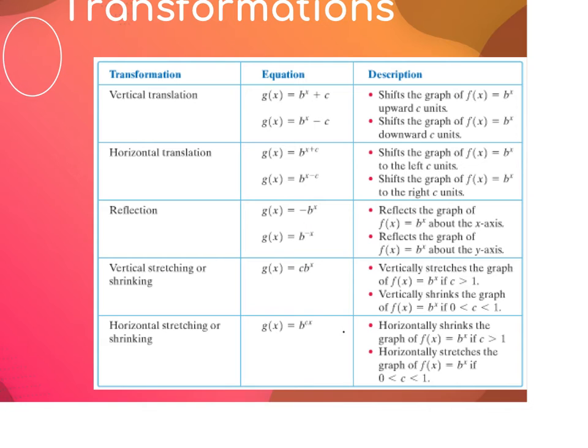So when there is a number added or subtracted to the base, this is going to be our vertical translation. This is going to go up and down. So when you're adding a number, it's up. And when you're subtracting a number to the base, you're shifting your graph down. In addition to shifting the graph, you're also going to shift your asymptote.